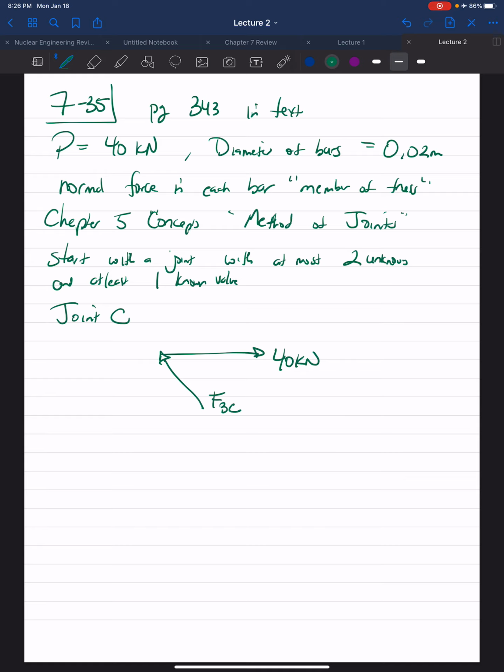Remember, every joint is in equilibrium. Therefore, our FAC has to be coming down to balance out the vertical component of the FBC. This is our orientation of the forces in the members. So that's our x direction, our y direction. 2 unknowns, FAC, FBC, 1 known.